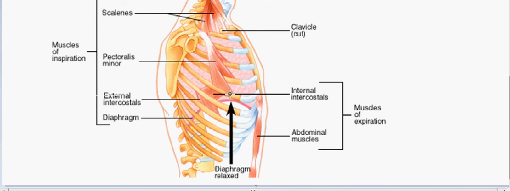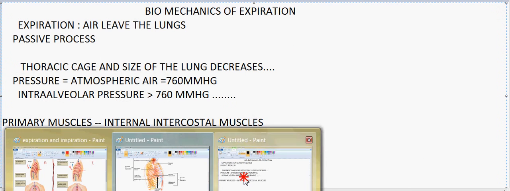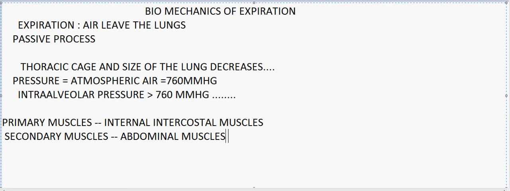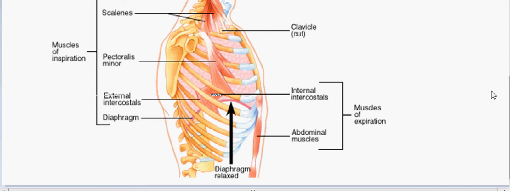We can see the internal intercostal muscles over here. The accessory or secondary muscles involved are the abdominal muscles. The abdominal muscles also aid in the expiratory process. We can see the abdominal muscles over here.